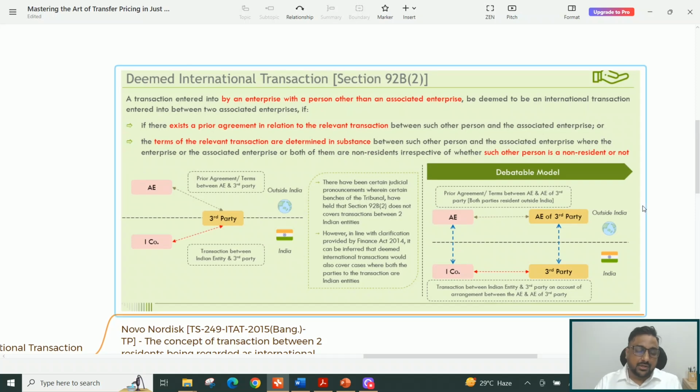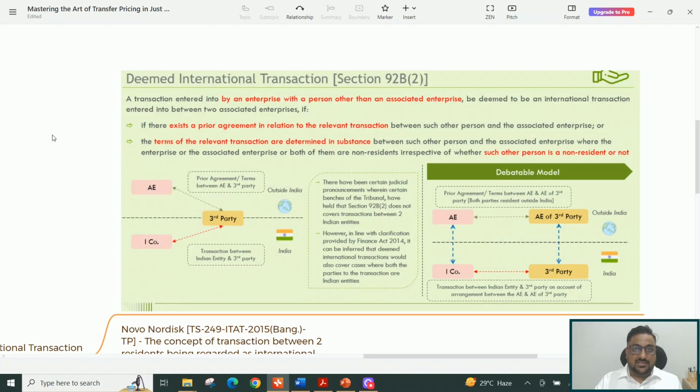If you see here, what is a deemed international transaction, which is 92B2.